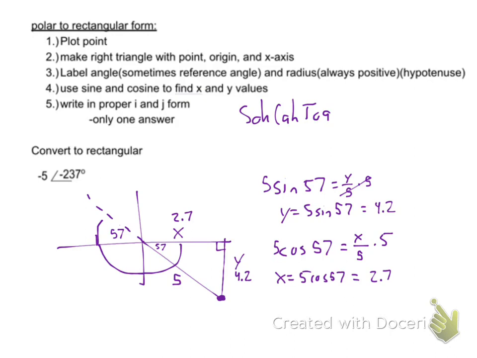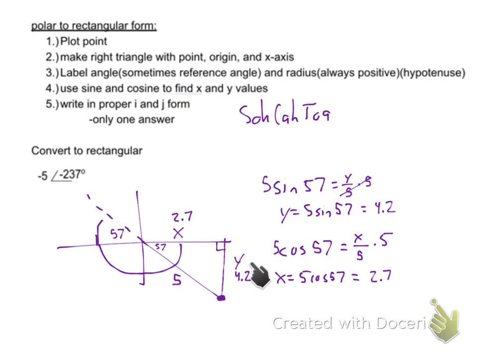If I write 2.7 and 4.2 where they belong, something should look out of place. Those numbers are my distances, but in the large scheme of things in the xy plane, because we're talking about i hat and j hat form, going to the right should be positive, yes?